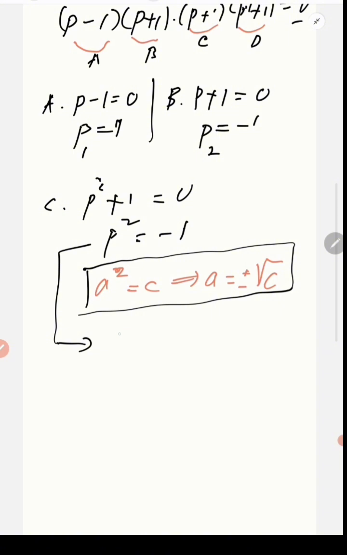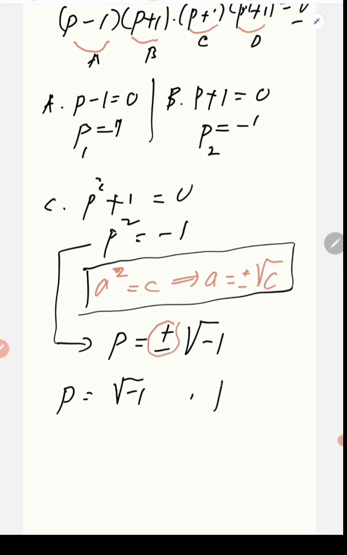Thus, p is equal to plus minus square root of minus 1. Plus minus means p is equal to square root of minus 1 and p is equal to minus square root of minus 1. Name it P3 and P4.